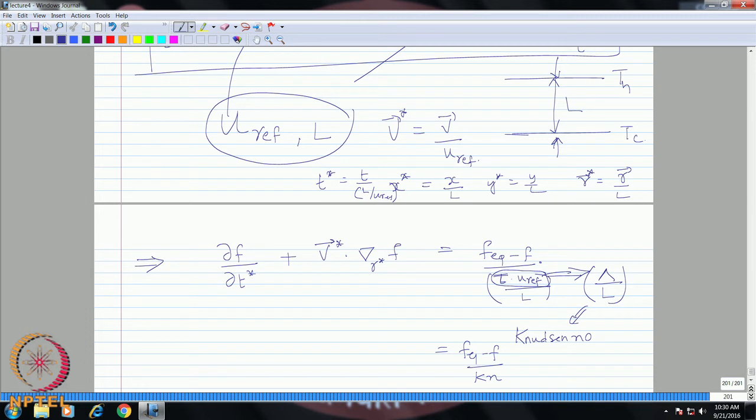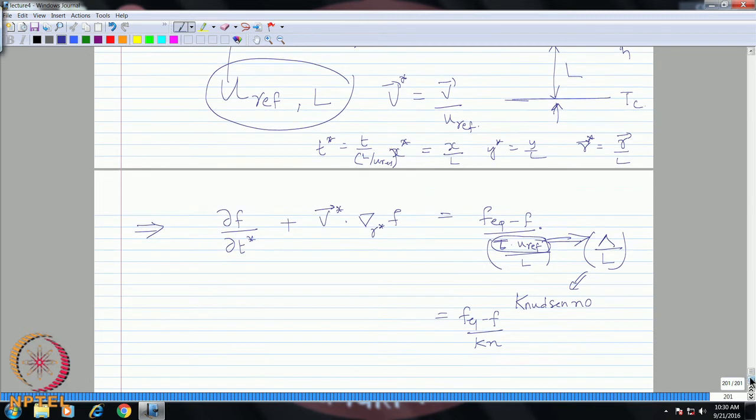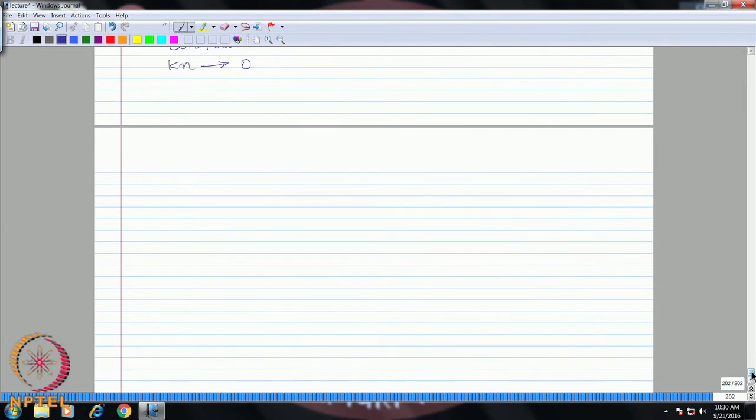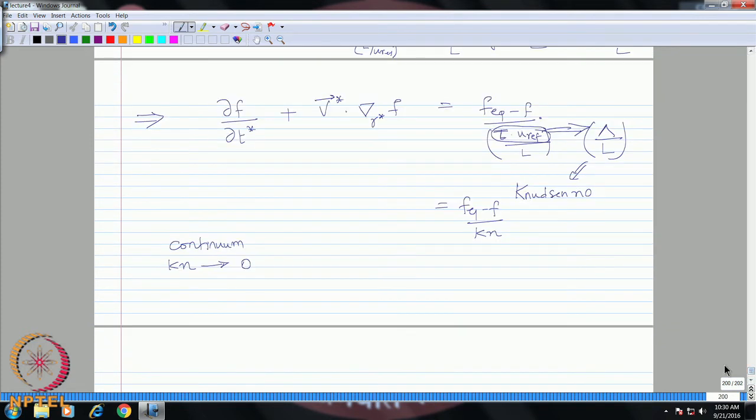So, therefore, what does it say? If you are talking about continuum, what is the limit for continuum? The Knudsen number going to 0. So, what does this tell about this equation? When the Knudsen number is going to 0, what happens to the equation now? Look at the terms.